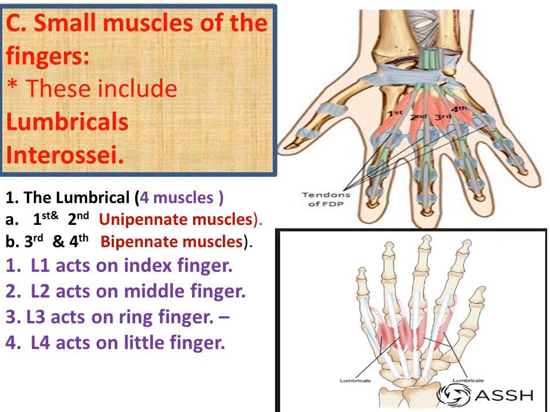The third group of small muscles of the hand are the muscles of the fingers. Group C, small muscles of the fingers, which include the lumbricals and interossei muscles.